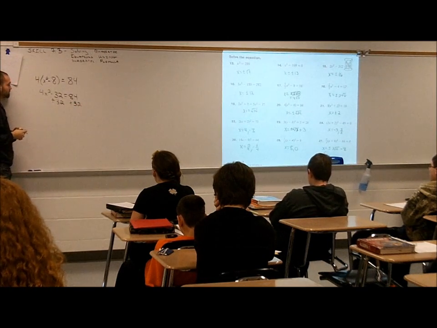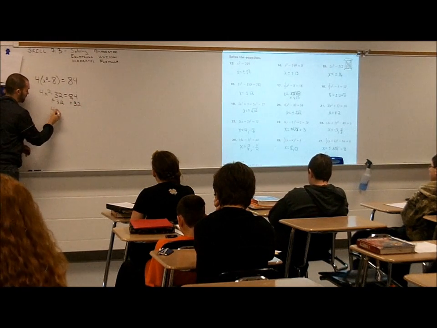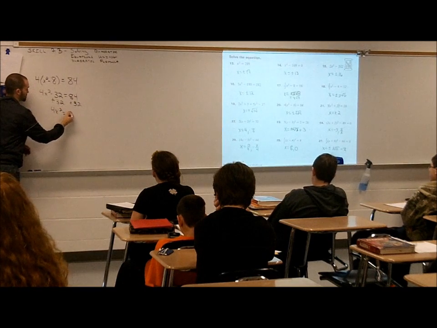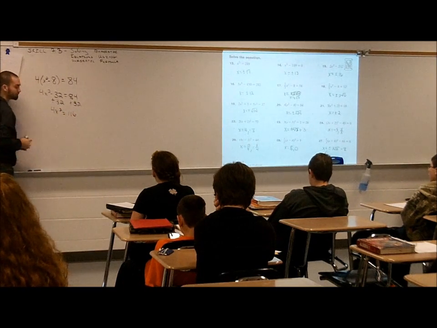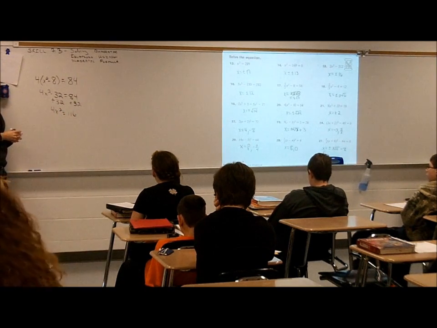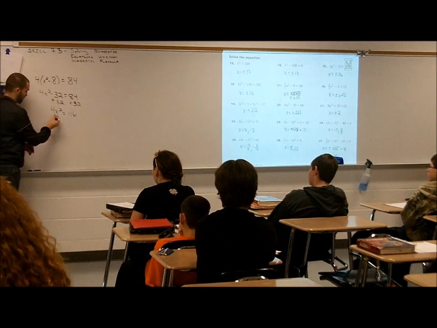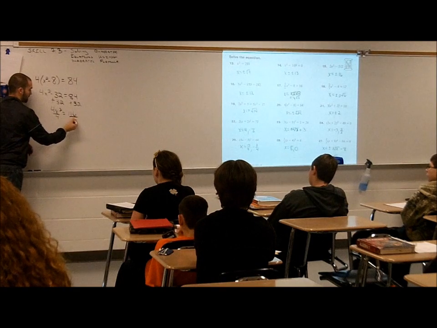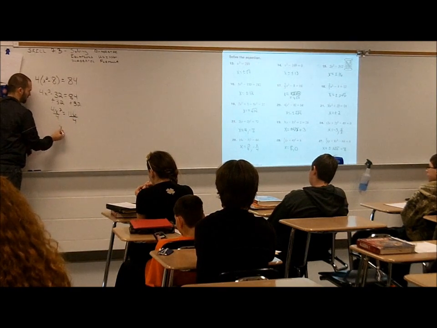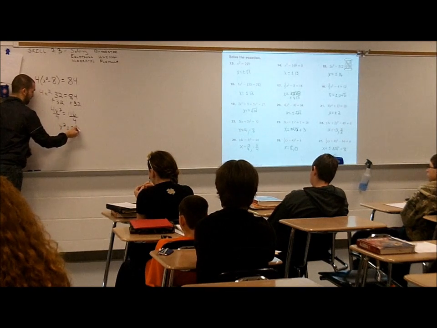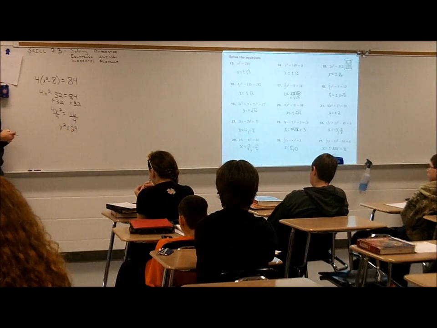So I get 4x squared equals 116. Then what? Divide by 4. 116 divided by 4 is 29. And x squared equals 29.